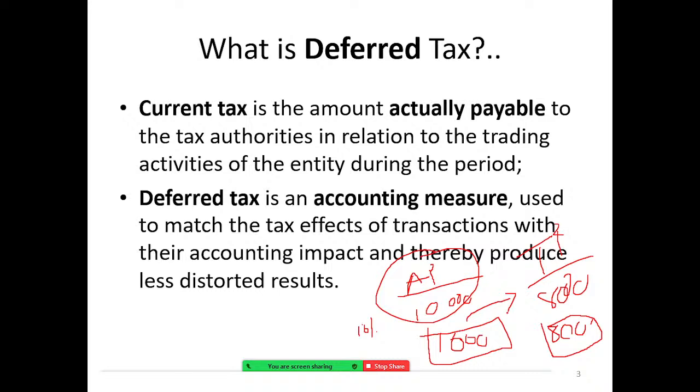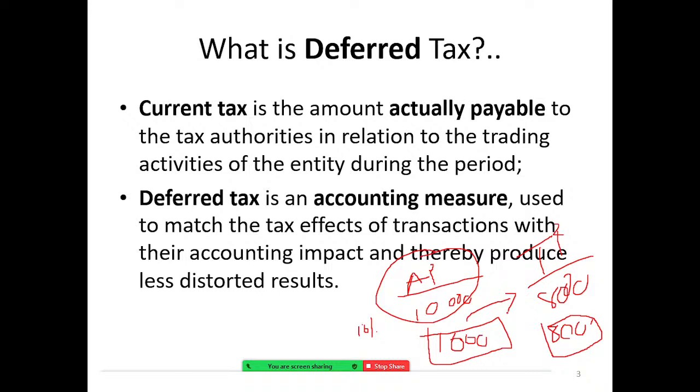When you compare the figures percentage-wise, more than 50% of the differences arise due to the difference between the capital allowance and the accounting depreciation, isn't it? Normally the capital allowance is a higher rate than accounting depreciation.